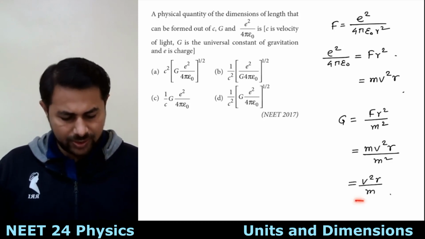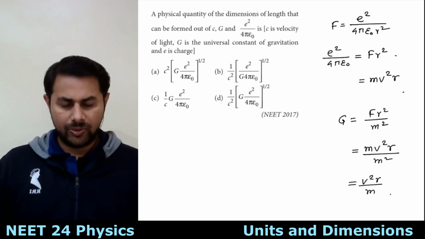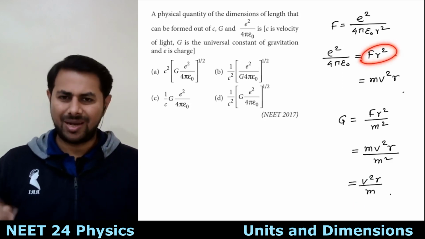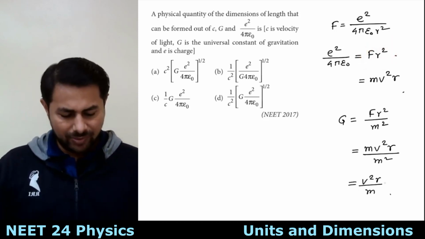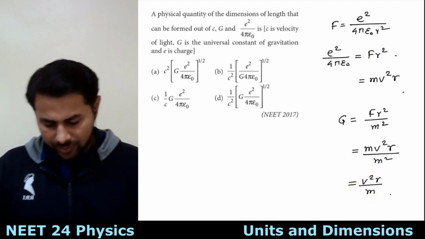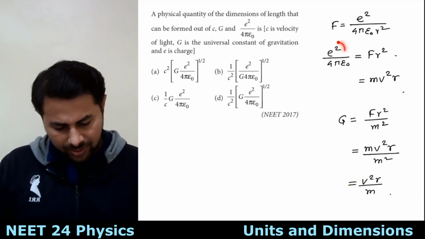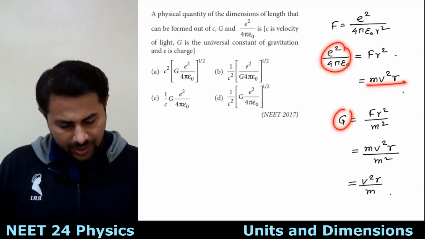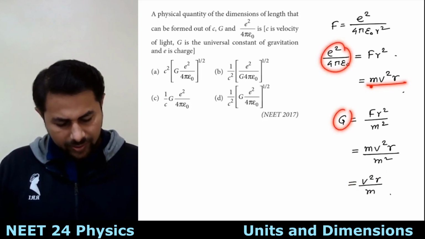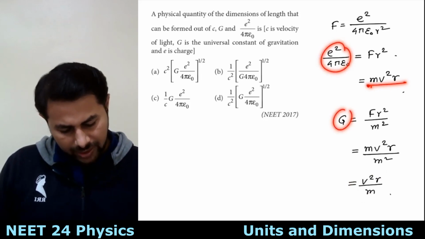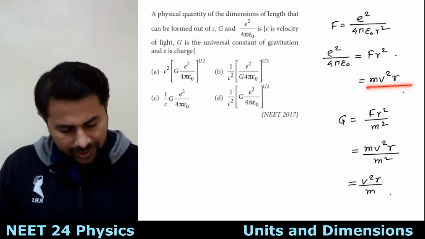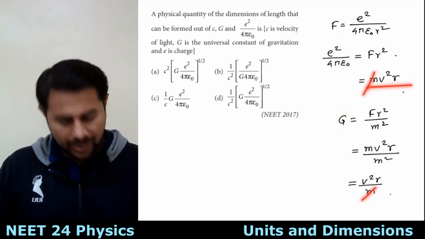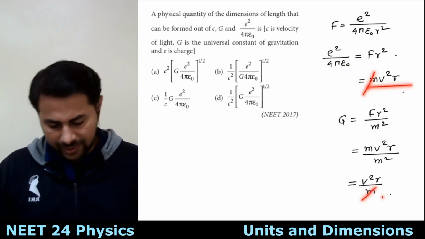Why did we do this? If we wanted to cancel out F r square, we could do it by dividing these two. But we want to cancel out velocity, right? So if you multiply these two, then what will happen? Yes, we can multiply. If we multiply these two, then m and this divided by m will get cancelled out.